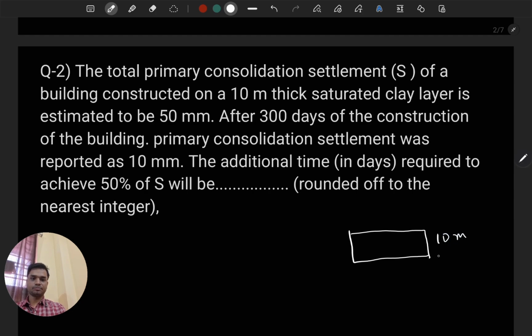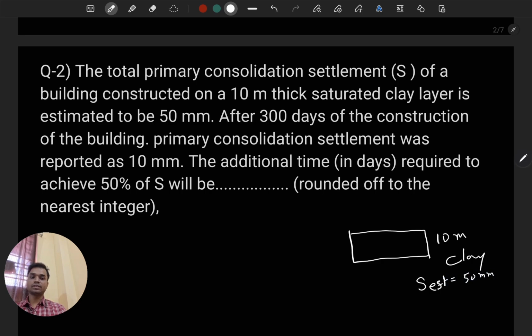Saturated clay is there, and the estimated settlement is 50 mm.